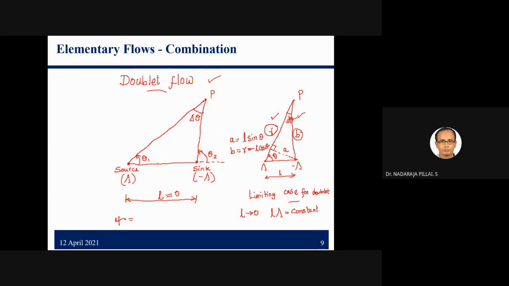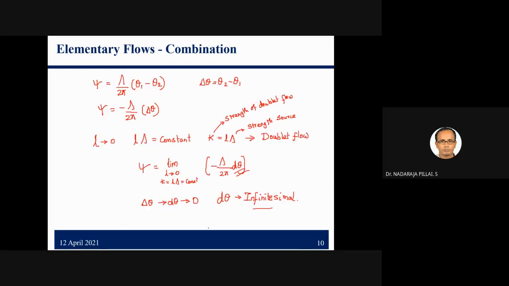Here source flow and sink flow are kept at a distance L, but I want to have a limiting case where L is equal to 0. The distance between this lambda and minus lambda becomes so small, so d theta may also become very small, infinitesimal. By considering the limiting case, we have a doublet.